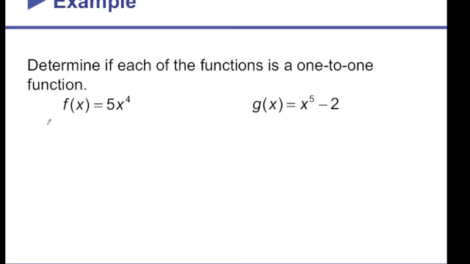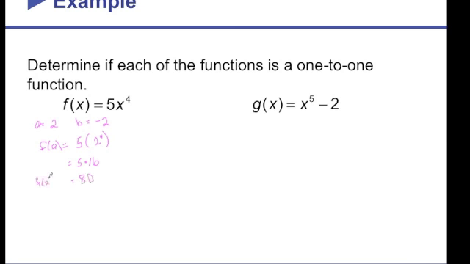First, I'm going to start with a equaling 2 and b equaling -2 for this function f of x equals 5 times x to the 4th. Well, f of a is 5 times 2 to the 4th, or 5 times 16, which equals 80.